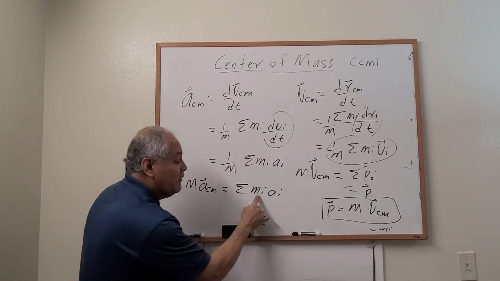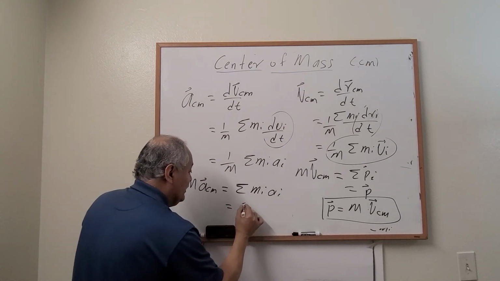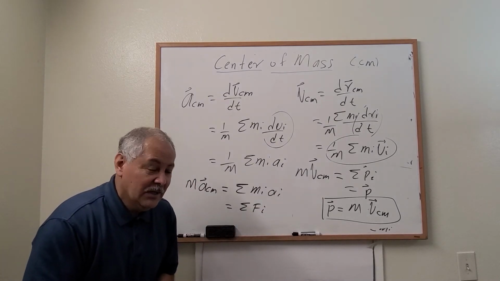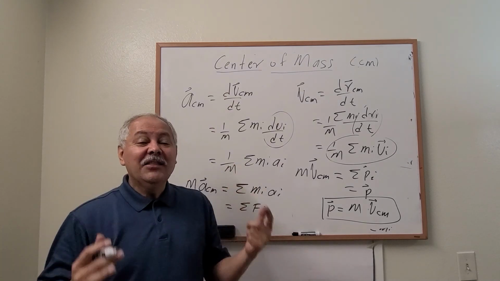But what is this product? Mass times acceleration is force, right? So it's equal to the sum of the individual forces. But what is the sum of the forces? It's the net force.